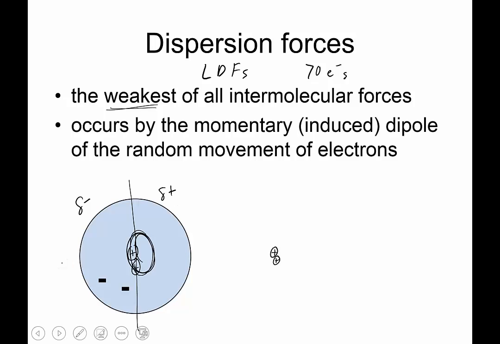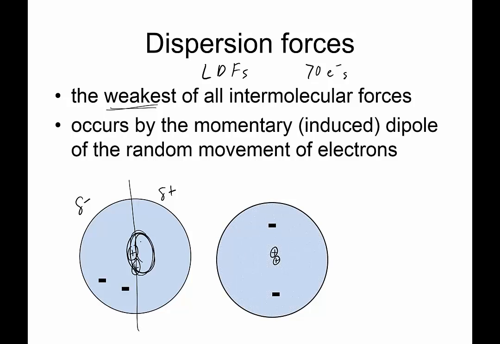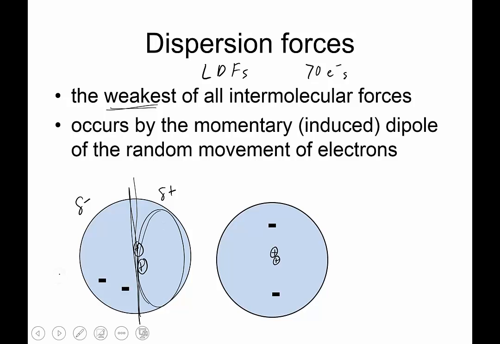So what's the effect on a neighboring molecule? These leftover protons are on this side of the molecule, and so it pulls in the electrons on a neighboring helium. So you get a negative and then another positive, and this goes on throughout the whole helium sample.